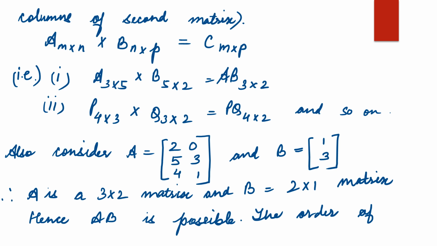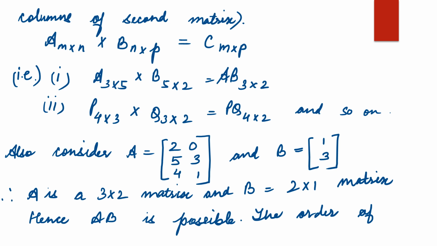First one, A 3 by 5 into B 5 by 2 is equal to a 3 by 2 matrix order. We have to just find the order of these matrices. P 4 by 3 into Q 3 by 2 is equal to 4 by 2, and so on. Also consider A is equal to 2 0 5 3 4 1 and B is equal to 1 3. Therefore A is a 3 by 2 matrix and B is a 2 by 1 matrix.